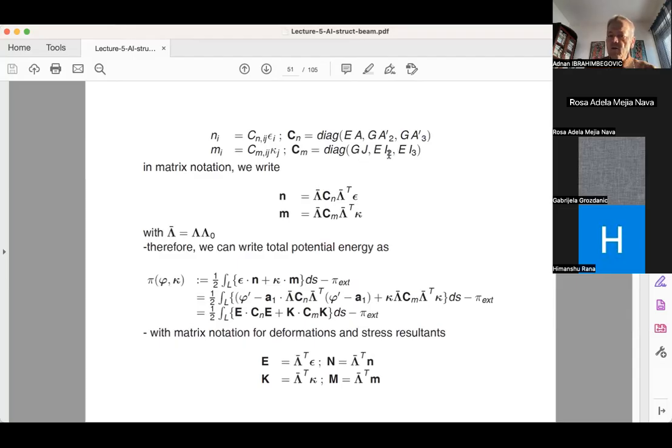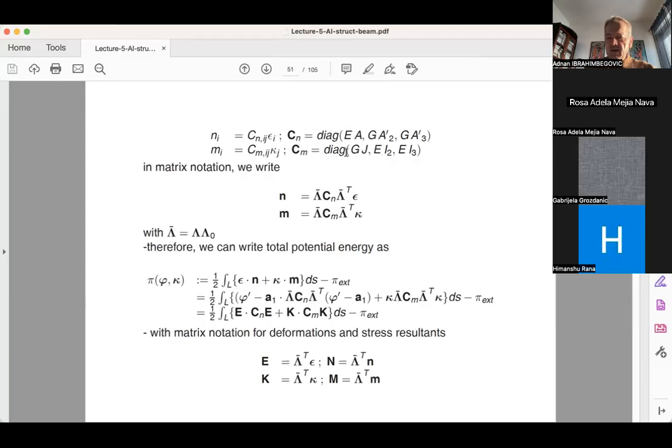So these are two bending stiffnesses, E times I2 and E times I3, where I2 and I3 are the corresponding moments of inertia for the axes 2 and 3, and G being the shear modulus and J being the polar moment. So this is your stiffness for the torsion.